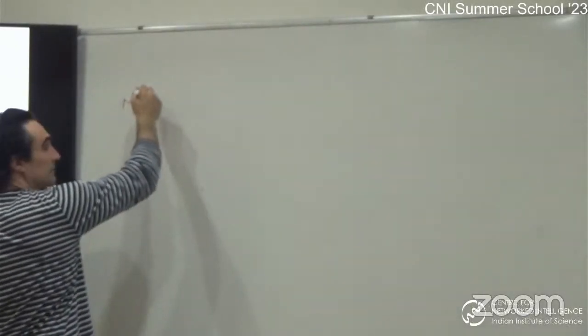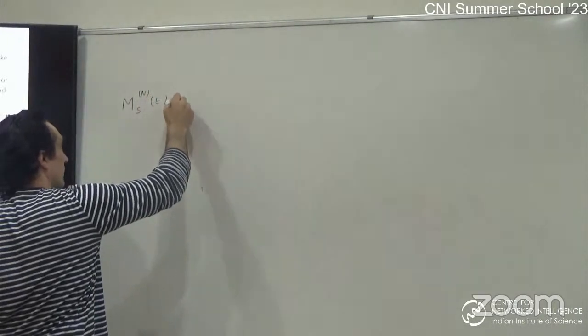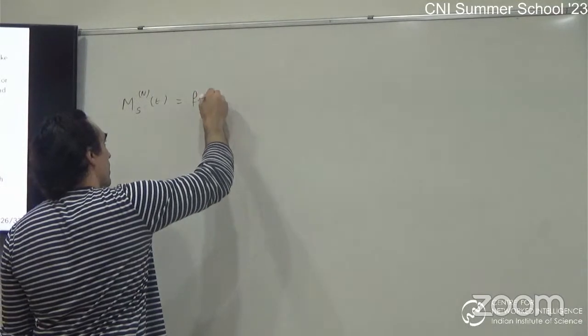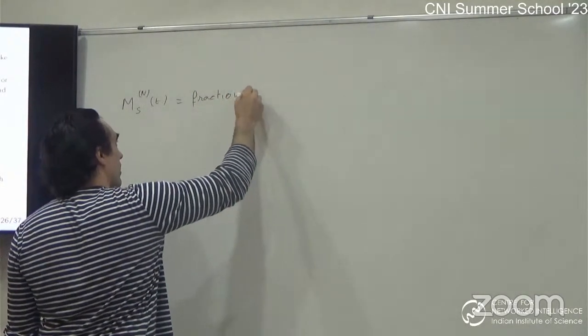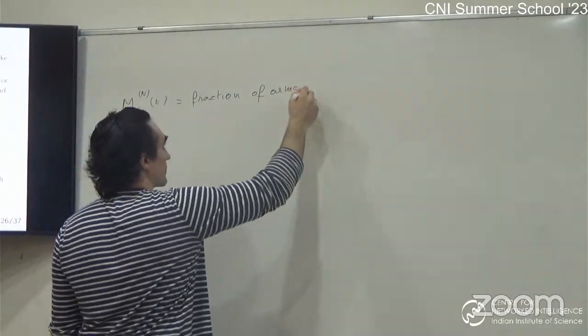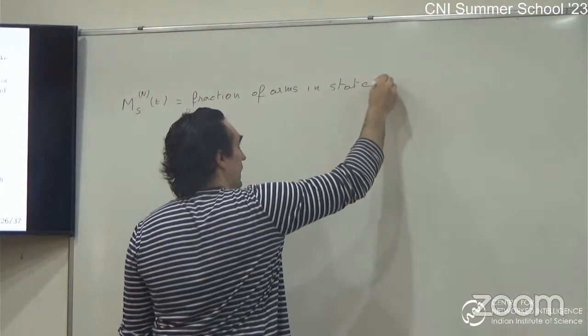M_s^n(t), because this is a fraction of arms in state s at time t.